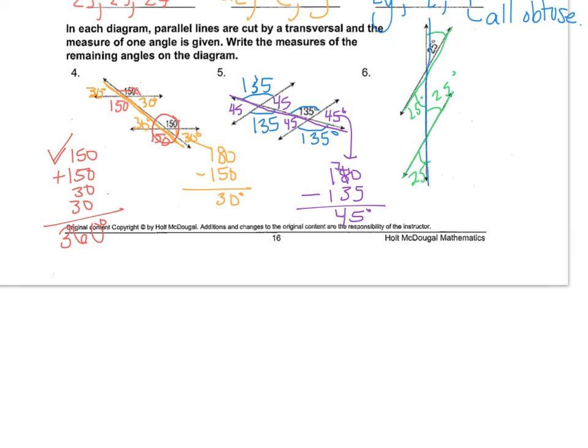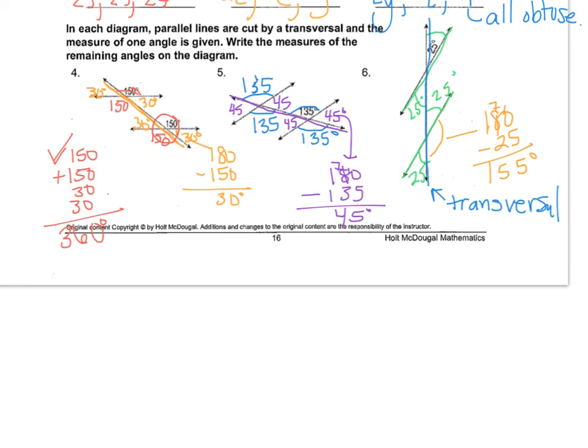There's my transversal. So how do I find my big obtuse angle? My big obtuse angle is going to be 180 minus 25. So I'm subtracting and I get an obtuse angle measurement. That's always a good sign.